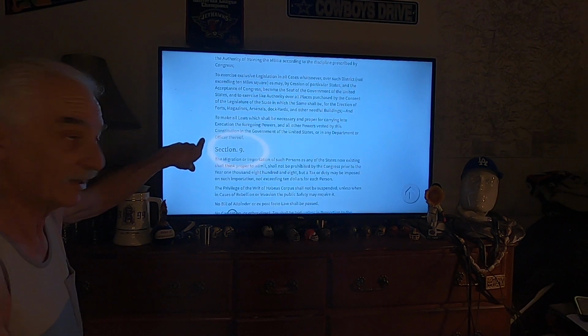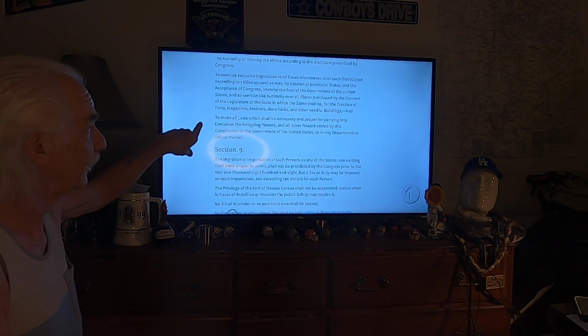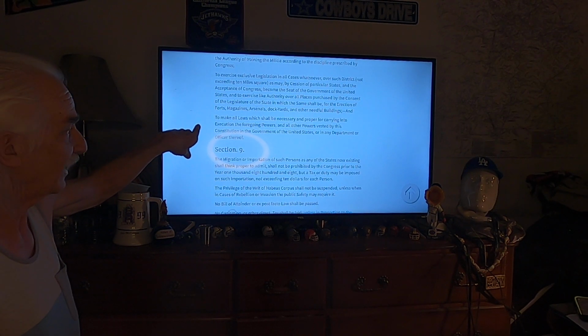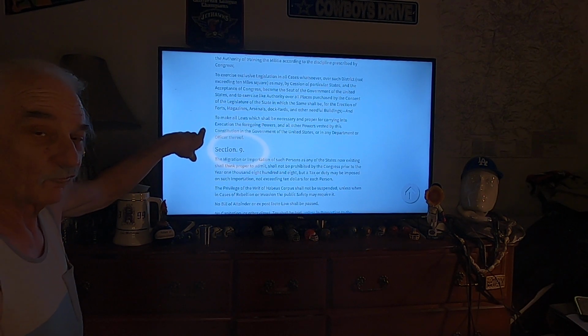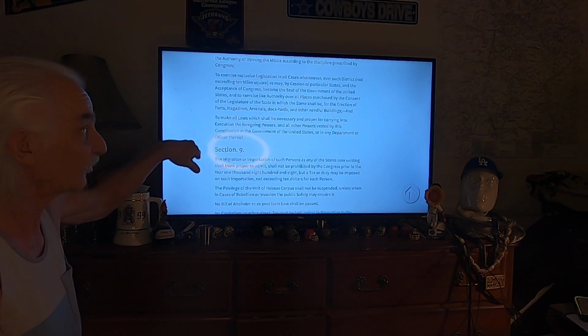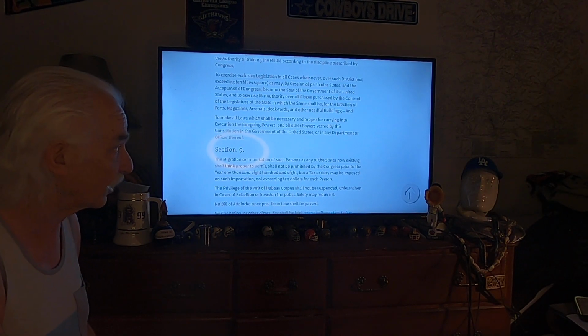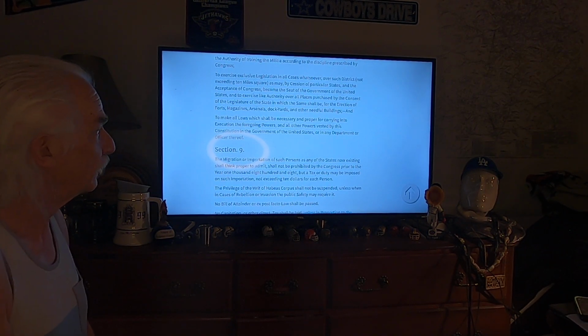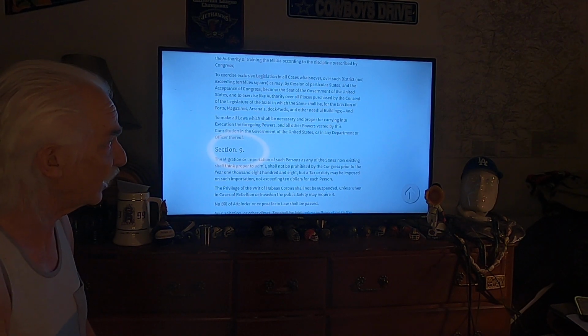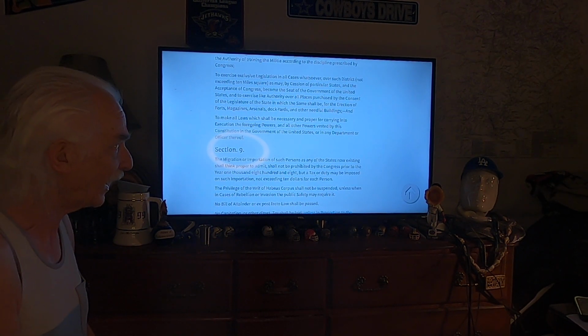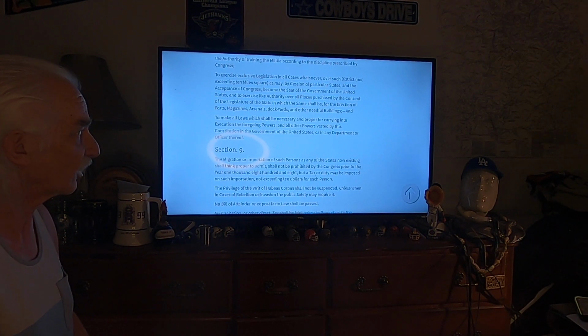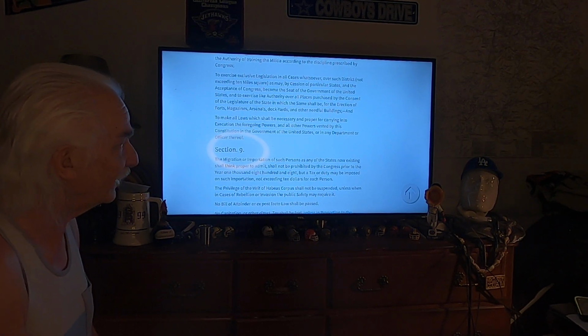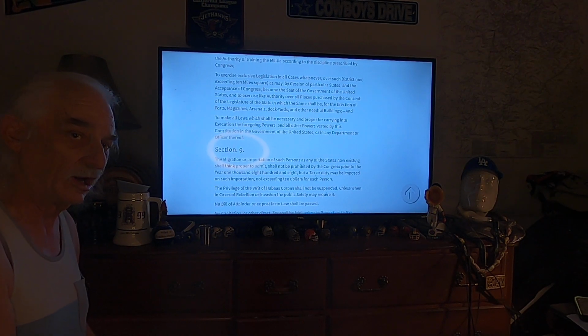Now down here, and I know I'm skipping over some things, be aware. This one is huge. The very last statement in Section 8, Article 1, is referred to as the necessary and proper clause, also sometimes referred to as the elastic clause. It reads, to make all laws which shall be necessary and proper for carrying into execution the foregoing powers, and all other powers vested by this Constitution in the government of the United States or in any department or officer thereof.